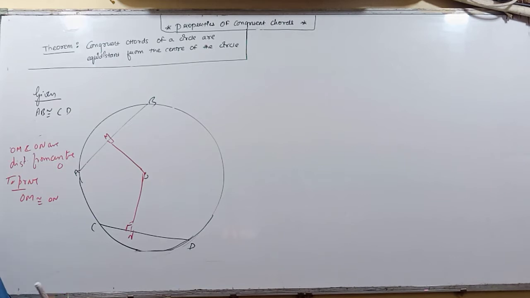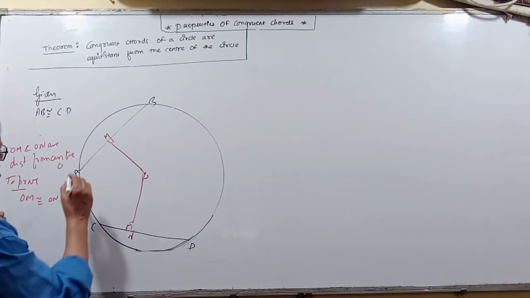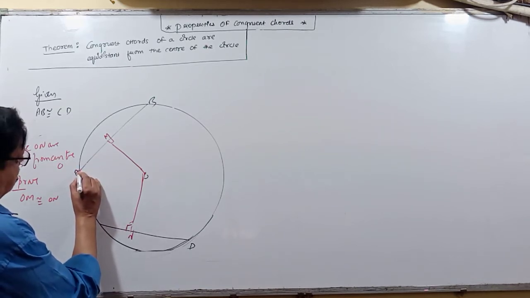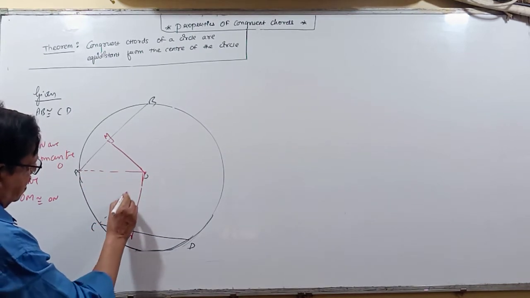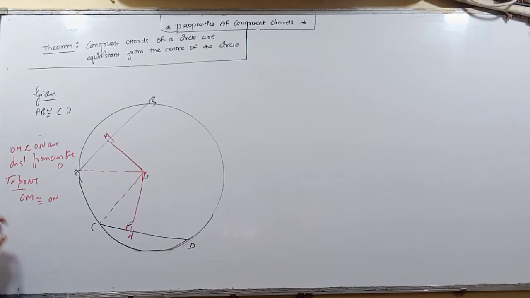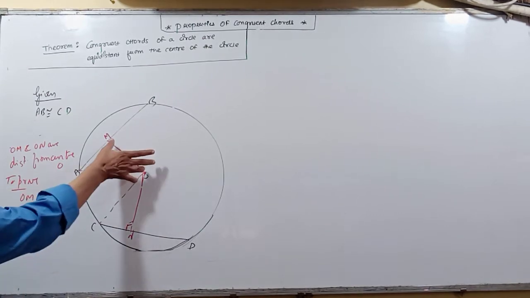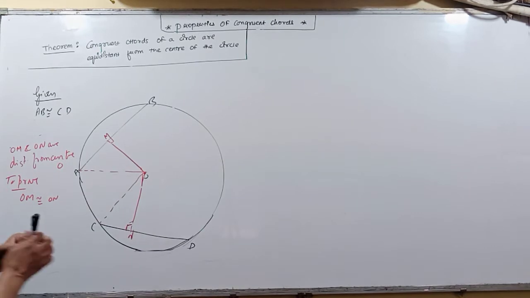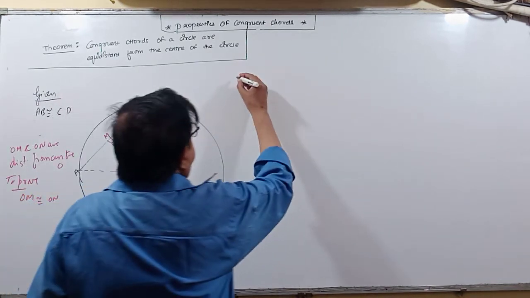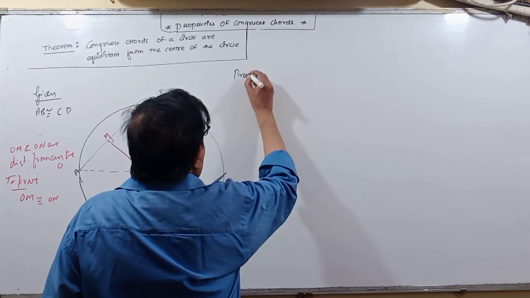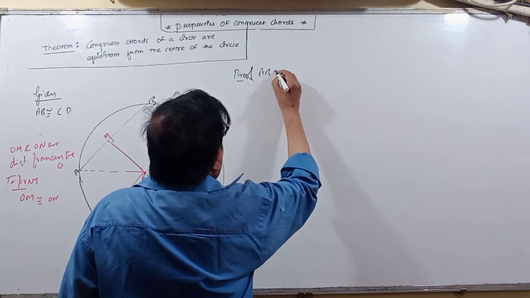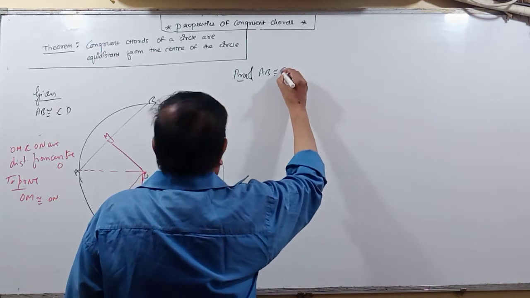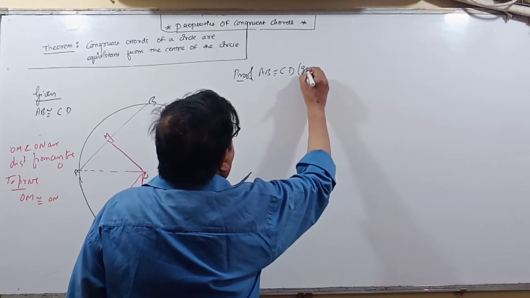For that we will make a construction. ये construct करेंगे. ये भी construct करेंगे. Right. Now we will prove. Our aim is to prove that OM equal to ON. So we will write first proof. AB congruent to CD, given.